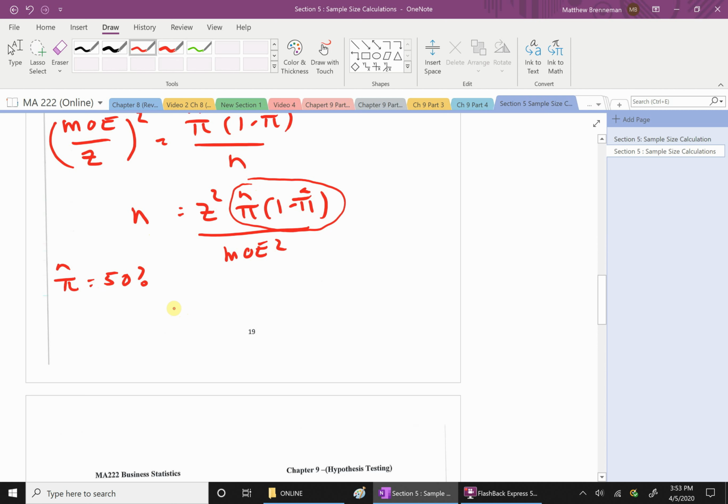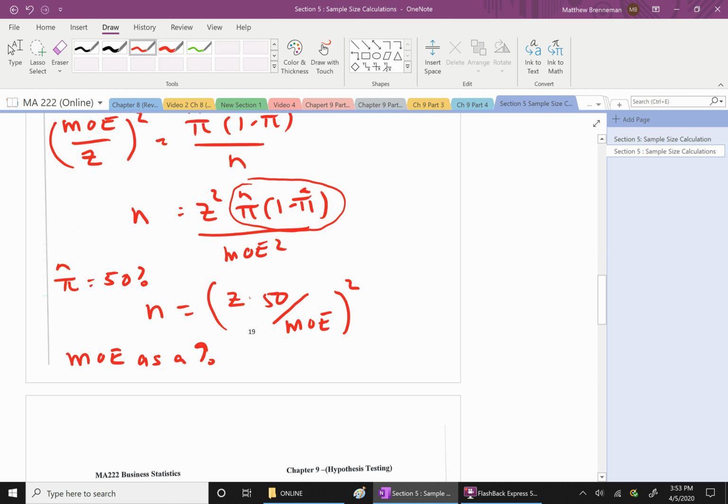And what I'm going to get is n is equal to z times 50 divided by the margin of error squared, where the margin of error is being expressed in terms of percentage, right? So here I'm writing the margin of error as a percentage.